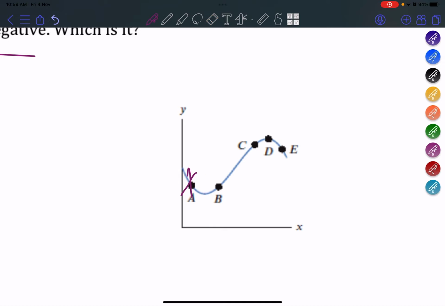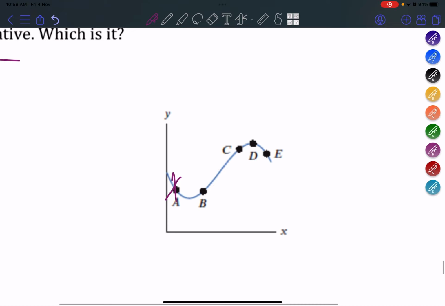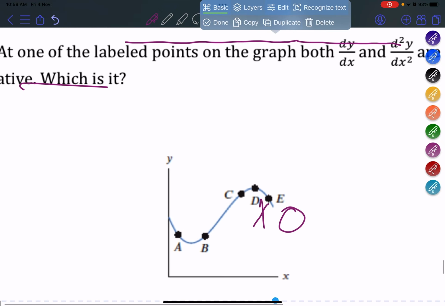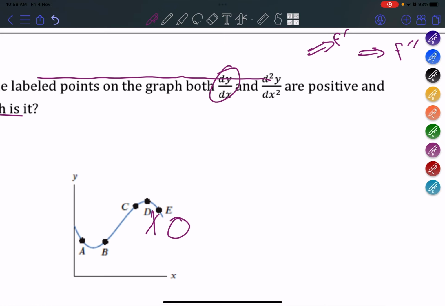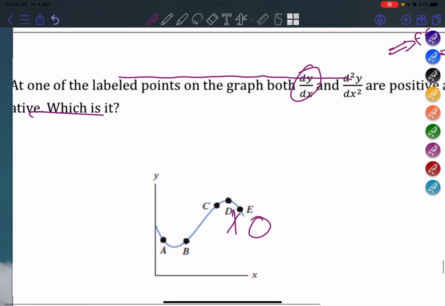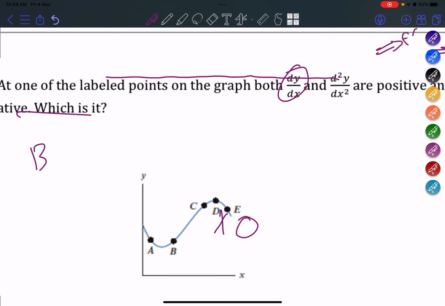So A is out. When we look at B, we see that the tangent line, or the single derivative, is increasing, so it's positive, and it's also concaving up, so positive. So B is the first answer, positive for both dy over dx and d squared y over dx squared.